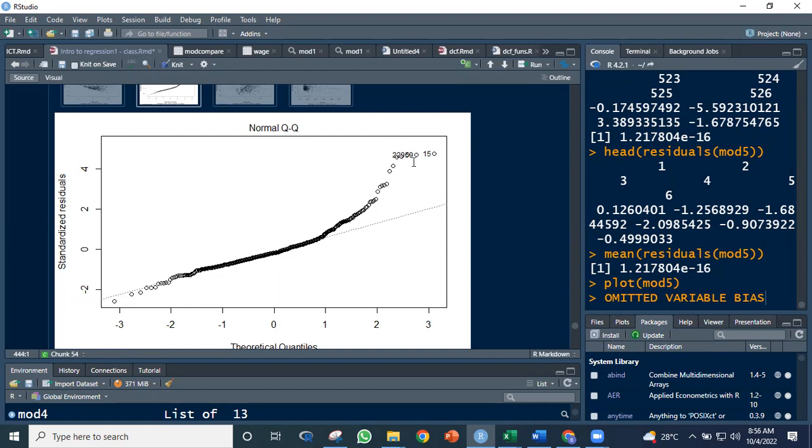And again, these numbers here pertain to the observation number. So observation number 229, 59, saka 15. So these are candidates for outliers kasi i-check din natin yun, no? Kasi ang outliers, it can cause also heteroscedasticity.